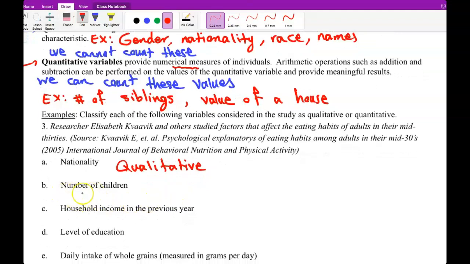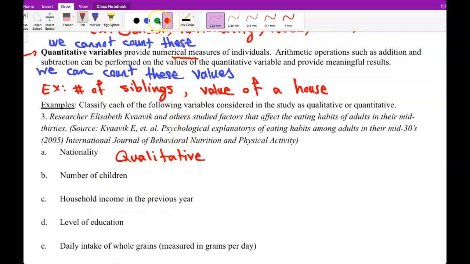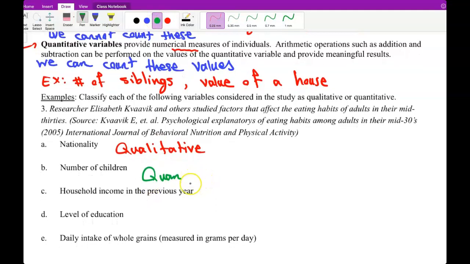Here is number of children. We are able to count these. So this is quantitative.